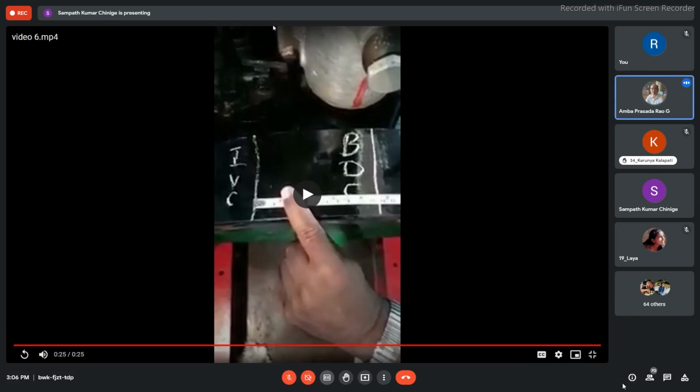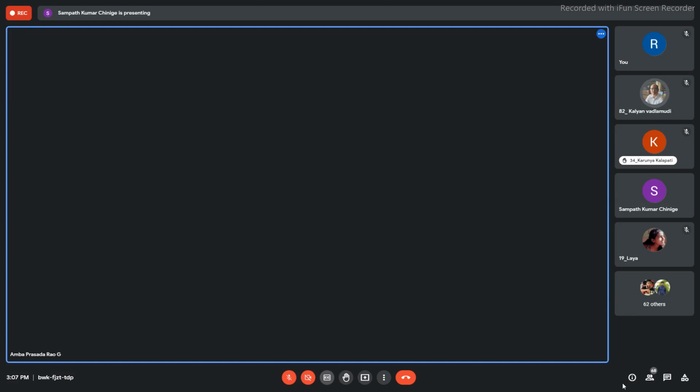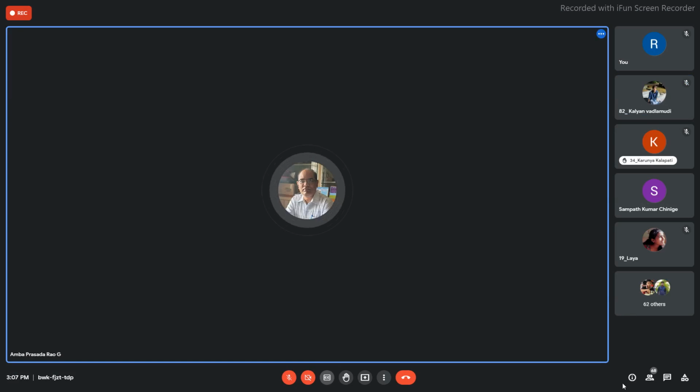So the nearest dead centers we have located, and we have also understood the right direction of rotation, and how to identify and locate the different rocker arms, the push rods, the valves, and so on. Fuel injection beginning, fuel injection ending, we should appreciate it.